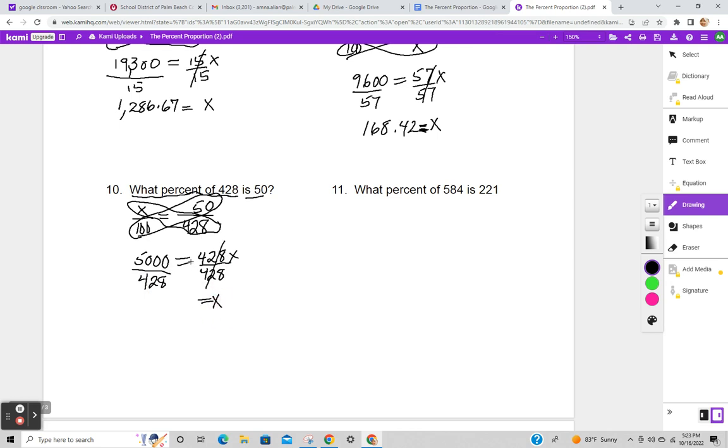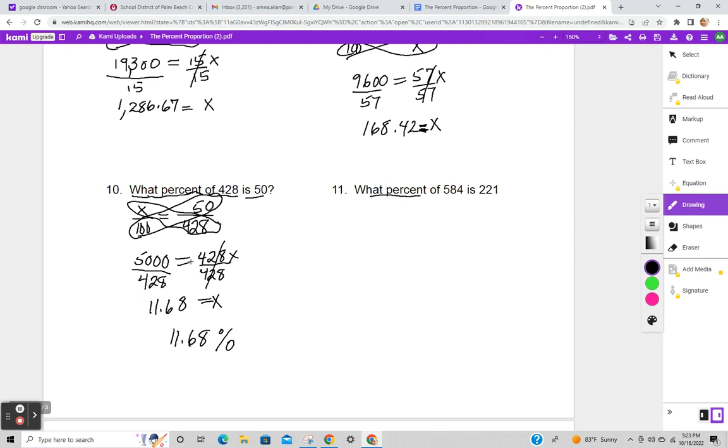So x equals 11.68. So because they're asking for what percent, we have to show this is a percent. So we have to put the percent sign next to it, just like that. And that's our answer.